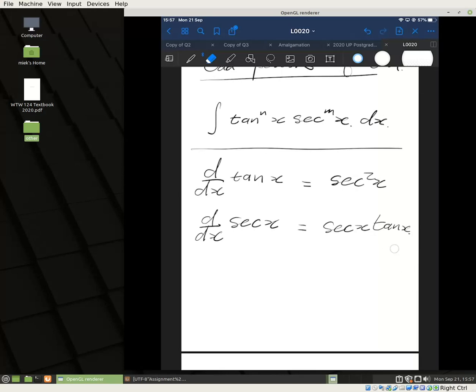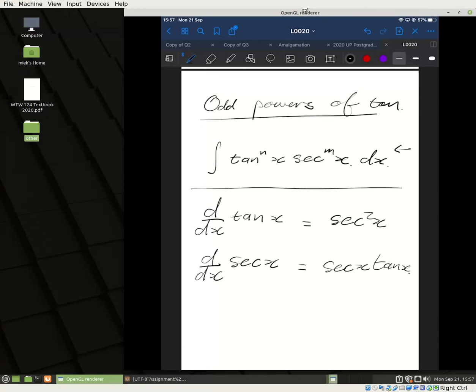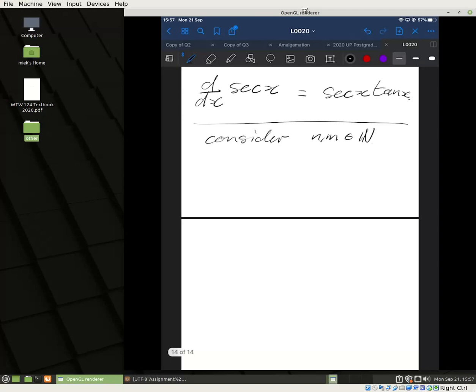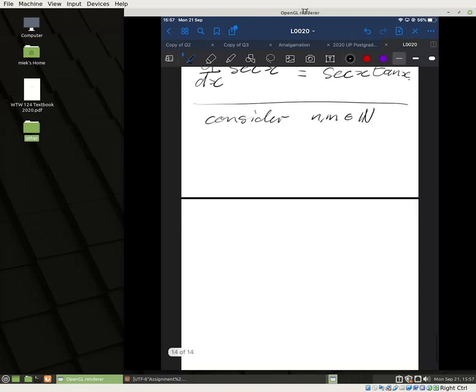Okay, so here we've got our derivatives. And now we want to consider integrals of this form where the power of tan is odd. So consider, for n and m natural numbers, the following expression. I'm going to write it over here. Tan to the power 2n plus 1, so that is odd, multiplied with sec x to the power m.